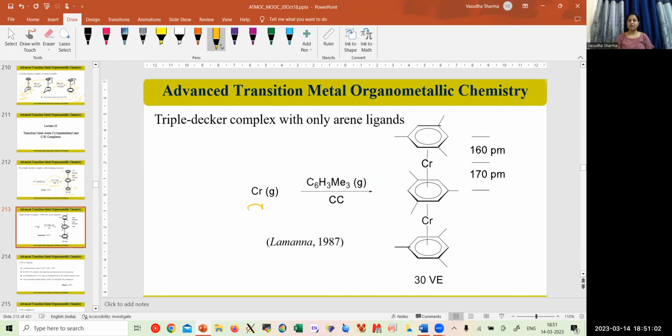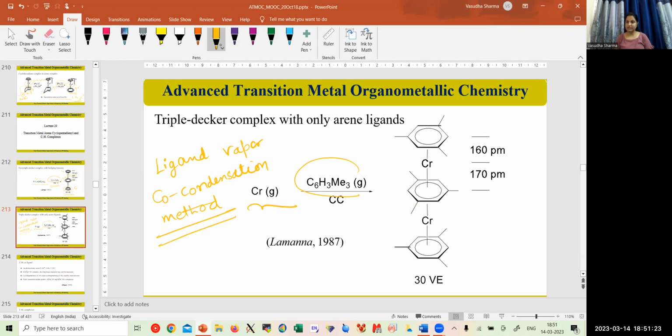So it is happening in the gaseous state, where chromium in the gaseous state and this C6H6 moiety in the gaseous state, you can call it the ligand vapor co-condensation method.